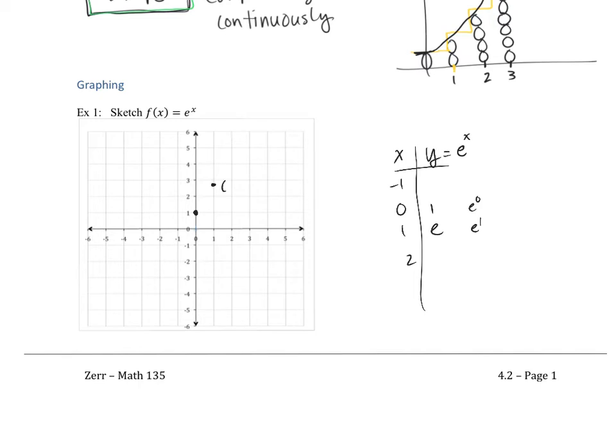I'm going to put that about here. And this would be e squared, which is about 7.4. That would be up off our graph. And here this would be 1 over e. So it still has that same shape of a classic exponential, and our horizontal asymptote is at y equals 0.